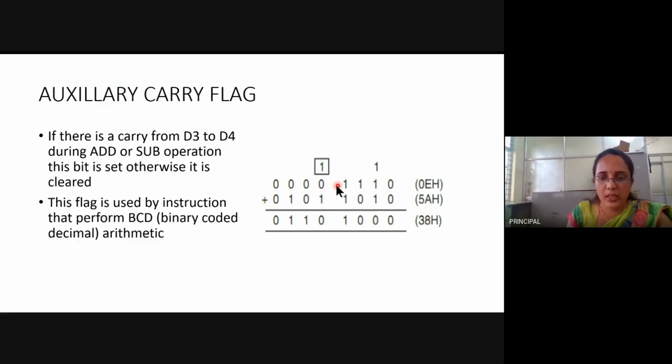Otherwise, it is reset. It is mainly used in binary coded decimal arithmetic to adjust hexadecimal to decimal after an addition or subtraction instruction. You will see in the next chapter what binary coded decimal arithmetic is.